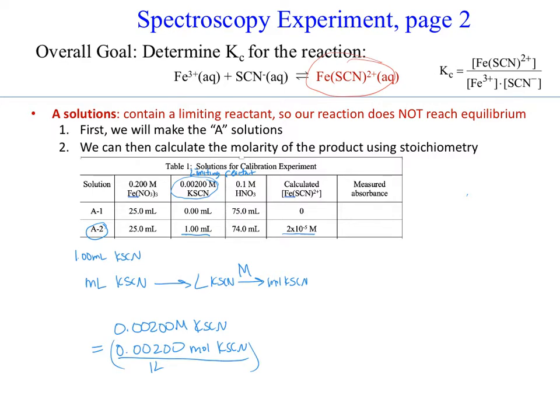From moles of KSCN, I can go to moles of SCN minus. Using the chemical formula as a conversion, I can see it's a 1 to 1 mole ratio, because for every 1 mole of KSCN, I've got 1 mole of SCN minus. And then I can go from moles of SCN minus to moles of my product, because it's a 1 to 1 mole ratio.